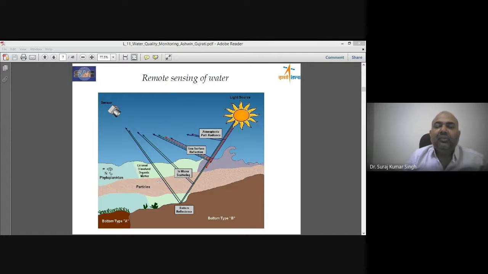Our understanding of the terrain must be of a very high standard, so that when it comes to interpretation, identification, and delineation of the various earth objects, we can easily identify them.